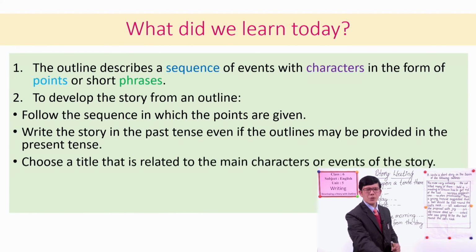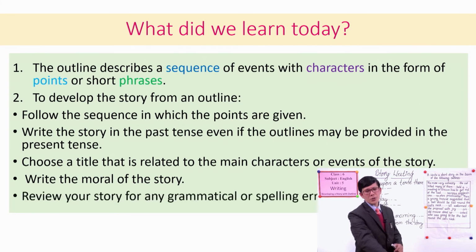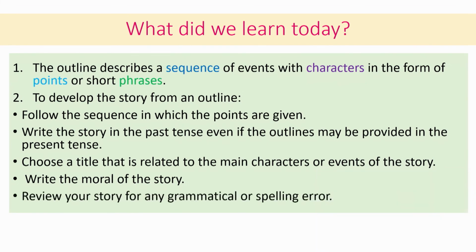After completing the story, we have to choose a title that is related to the main characters or the events of the story. And after the title, we also have to write the moral of the story. This is how to write a story.